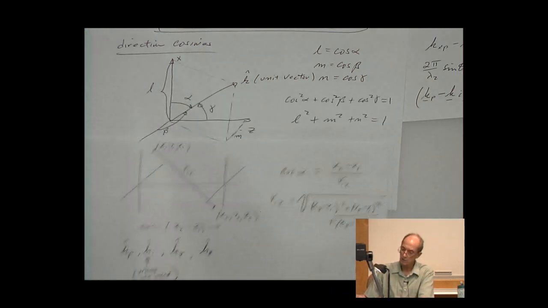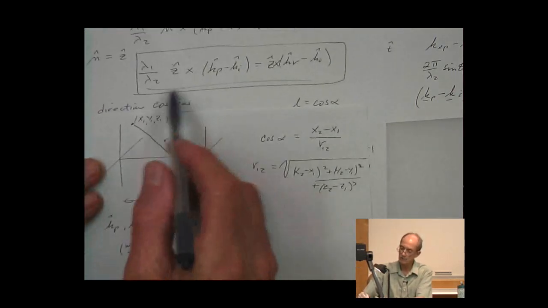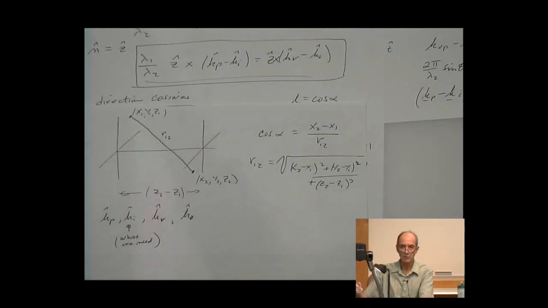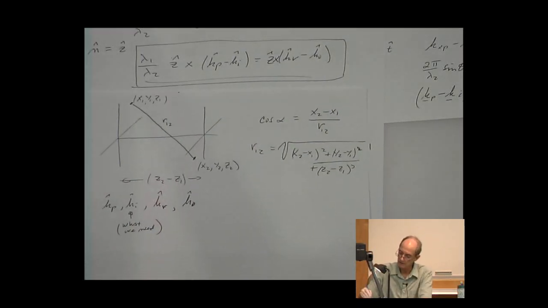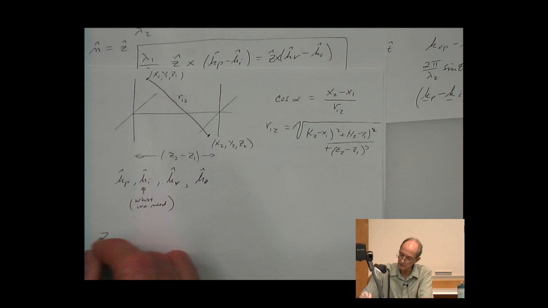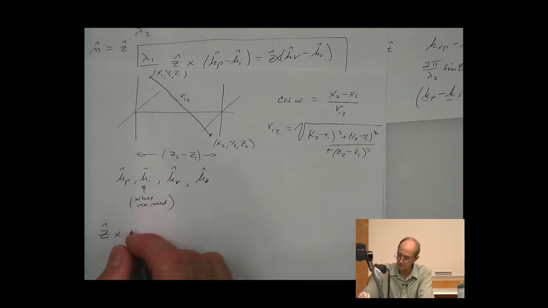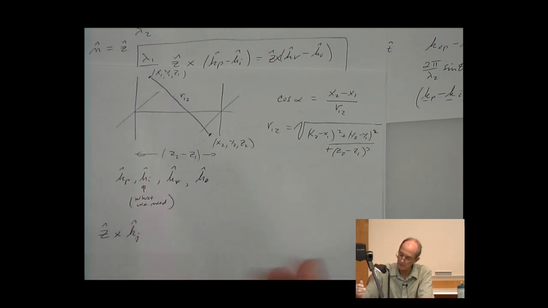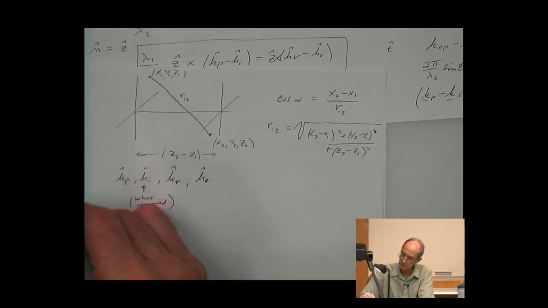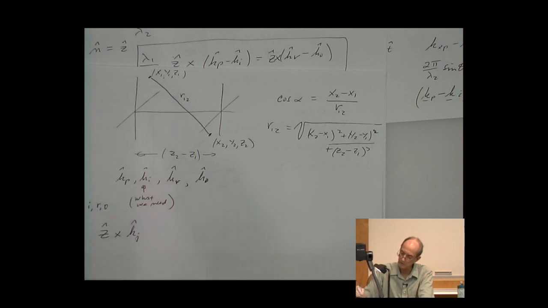All right. So we can go back now and use this vector relationship with the direction cosines in it. So for example, if we have this cross product, the unit vector z, which was our normal vector to the surface, crossed with kj, where j again is equal to p, i, r, or o, any of those.